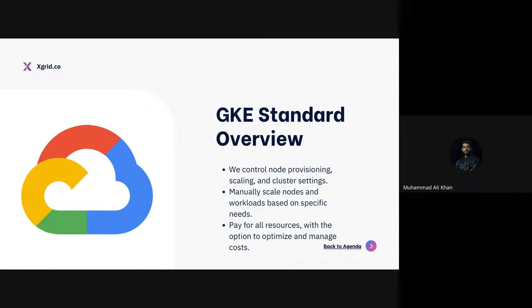Okay, so when we talk about GKE, when we are deploying our clusters, there are two modes of operation available to us. By default, there is one that is GKE Standard. So GKE Standard is your managed Kubernetes offering in which you handle your node scaling based on workloads. You pay for all the resources you use, like the compute nodes you are using, and any other resources like persistent volumes and storage.